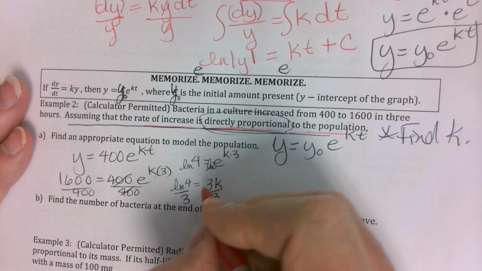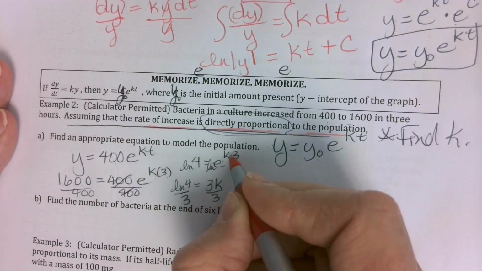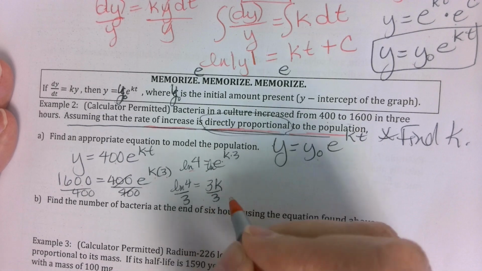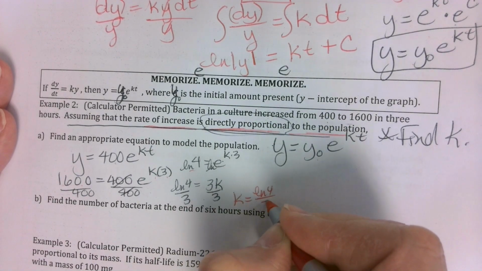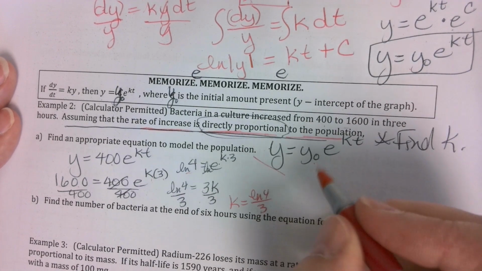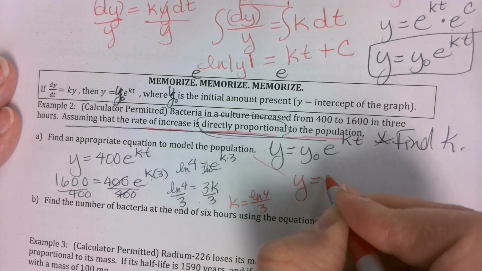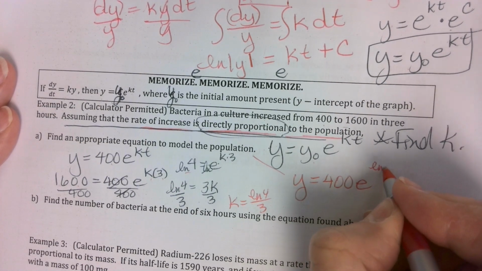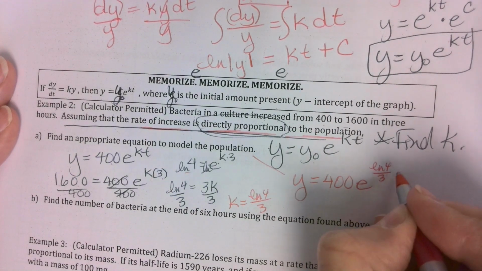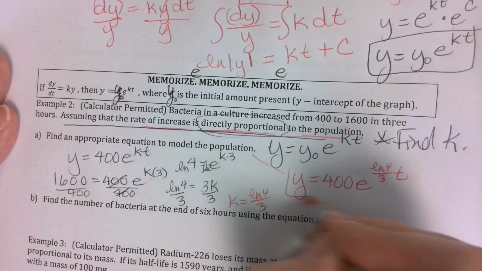And we solve for our k. Remember, got to take the natural log of both sides. So our k is natural log of 4 over 3. So here's our appropriate equation. Y equals 400 e to the k, which is natural log of 4 over 3, t. There's our answer.